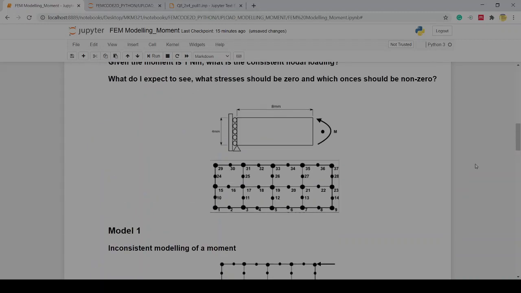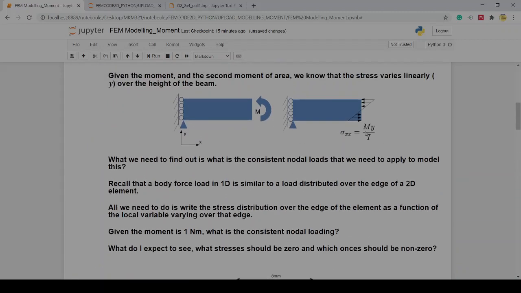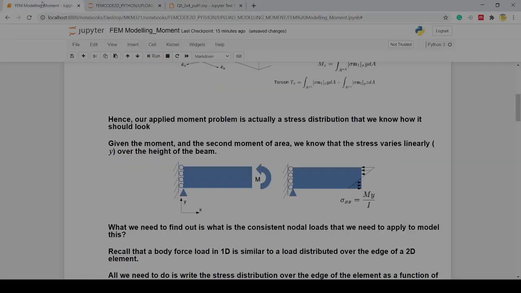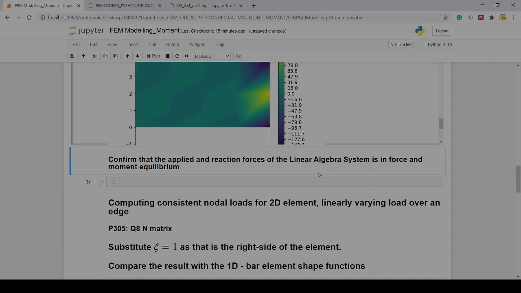So let's first check what stress we expect to see if you just do this calculation, My over I. That's for a bar whose thickness, if you go back to this input file, is 1 millimeter. So let me quickly do this calculation here at the bottom. I'm not going to do the equilibrium now, I'm just going to show you what stress we expect to see.